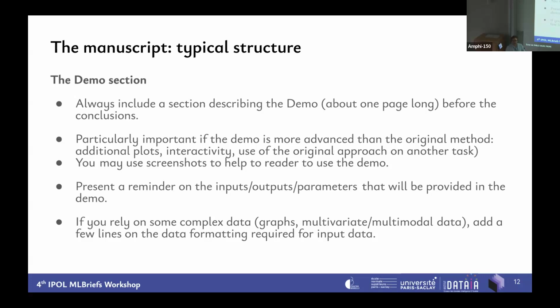Ideally, when somebody goes to the IPOL website and is interested in an article, sometimes the first thing they do is to go to the demo and test it, and see if it's useful for their purposes. So some minimal information should be there in the demo webpage, but still there should be a more detailed description in the article.